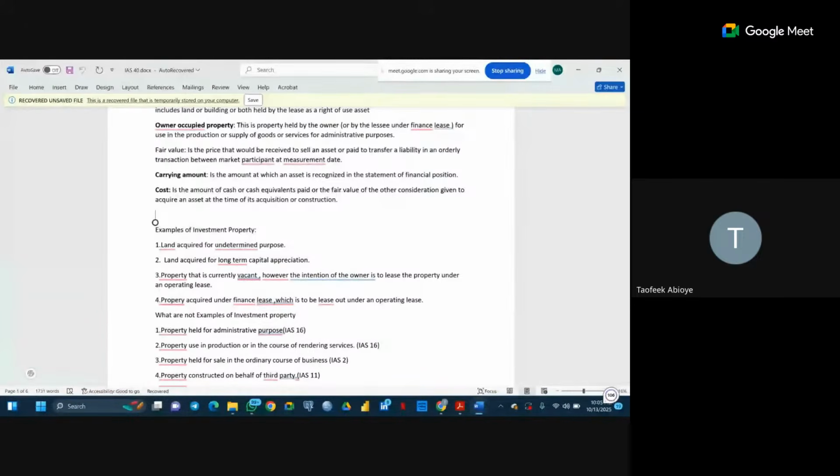Property held for administrative purpose is in line with IAS 16. Property used in production or in the course of rendering service is in line with IAS 16. Property held for sale in the ordinary course of business. Take note, when you sell a property which is not what the company is into in its day-to-day transactions, that is not IAS 2.